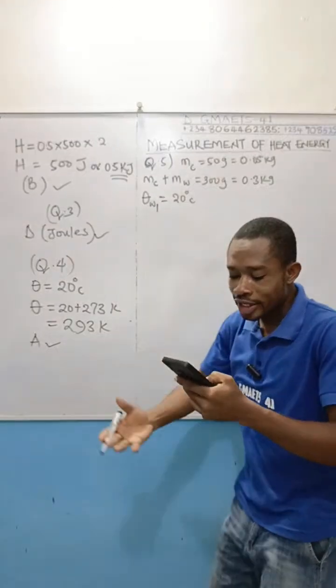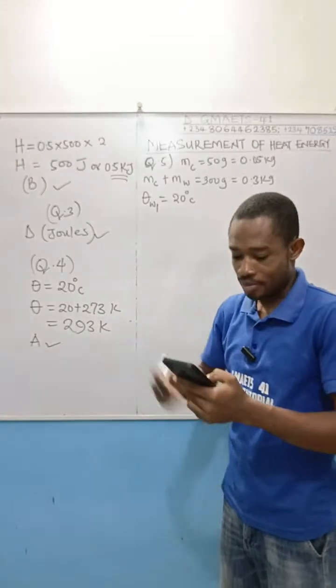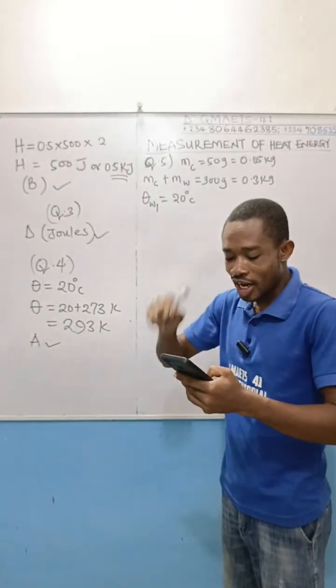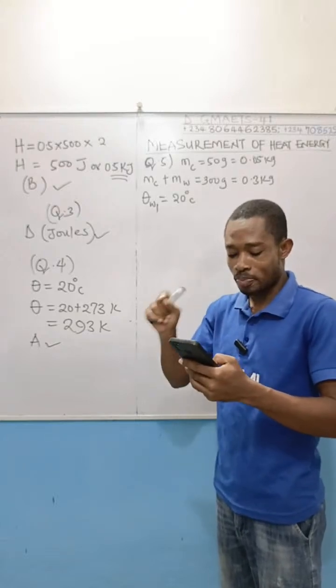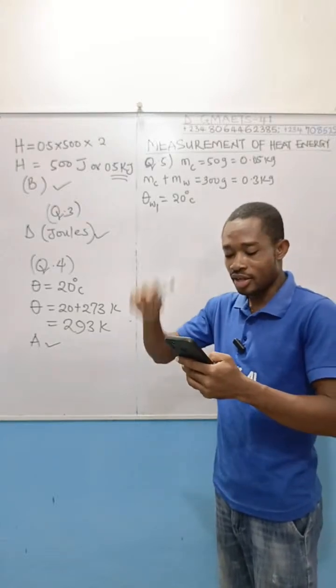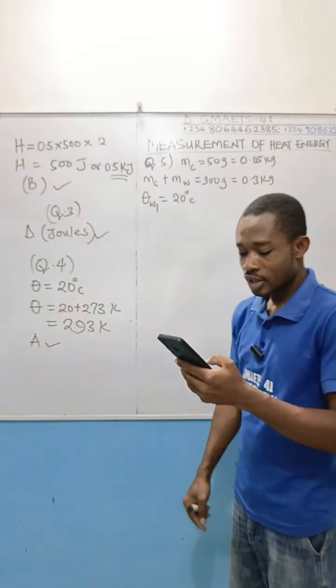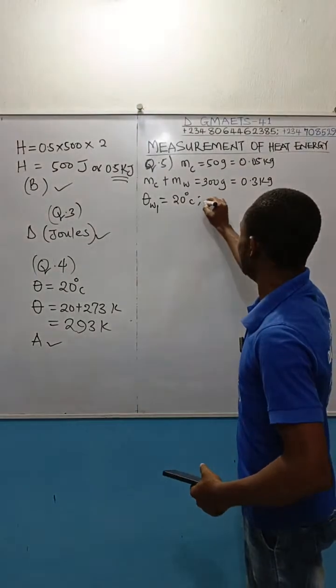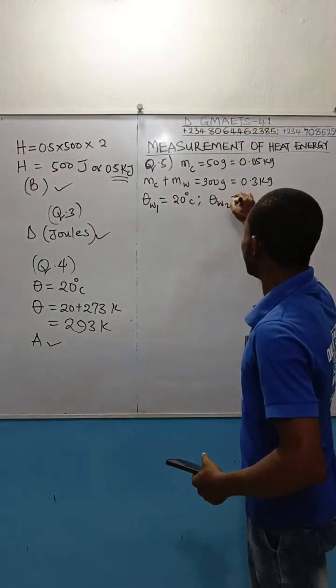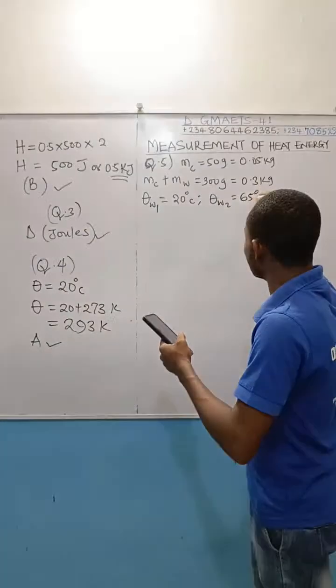Before then, let me still read. The initial temperature of the water in the calorimeter before steam was passed was 20 degrees centigrade. The temperature increased to 65 degrees centigrade. So we can say that the final temperature of water in the calorimeter is 65 degrees centigrade.